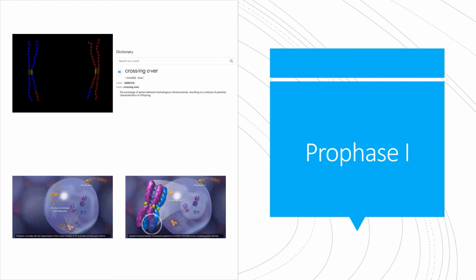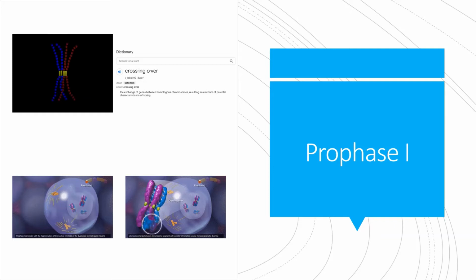So again, half your genetic information comes from your father, the other half from your mother. So what happens is these homologous pairings of chromosomes, they literally swap a little piece of their genetic info with one another. You can see that in the GIF in the top left and in the GIF in the bottom right.